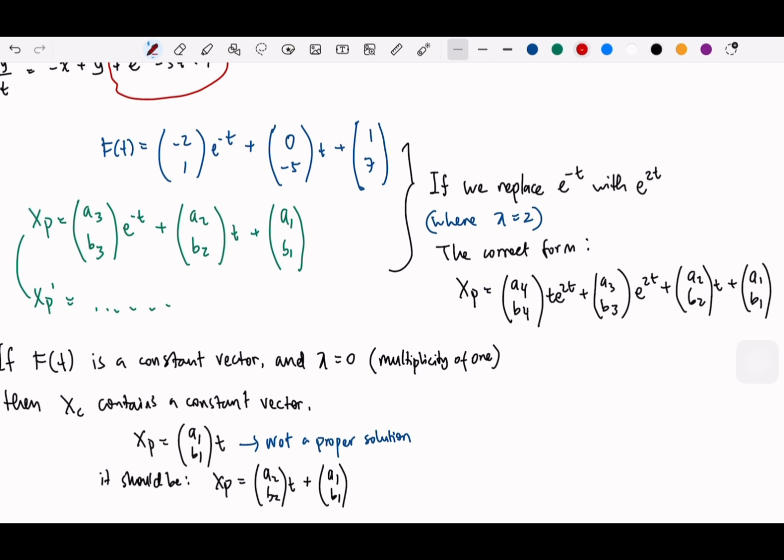So this is the additional component. Then using this component, take the derivative and then substitute back to the system.